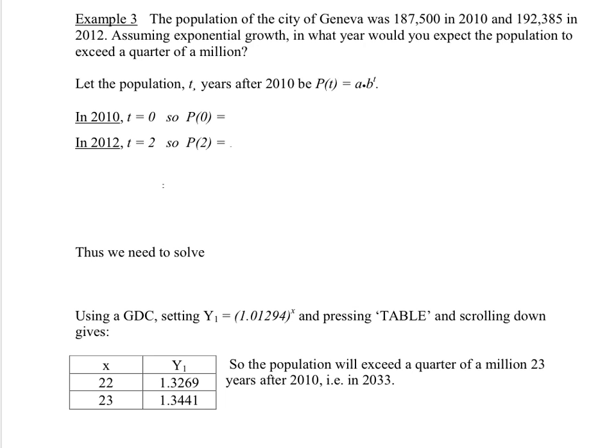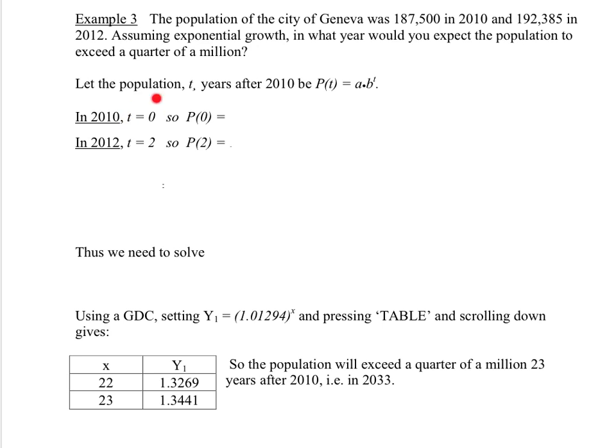So, an equation that would model the population of Geneva would be the general exponential function here, a times b to the power of t. Now, to figure out what a is straightforward. We just have to plug in t equals 0. So we imagine that the year 2010 represents t equals 0.